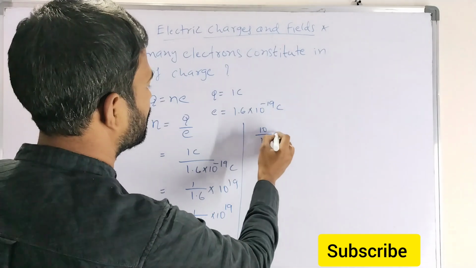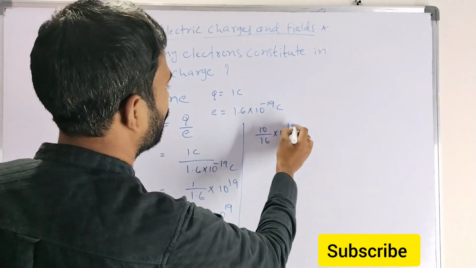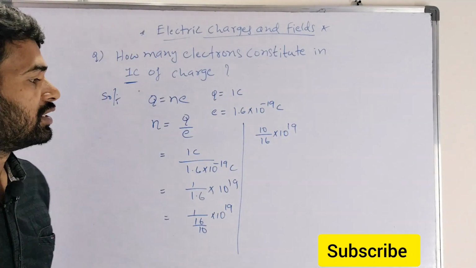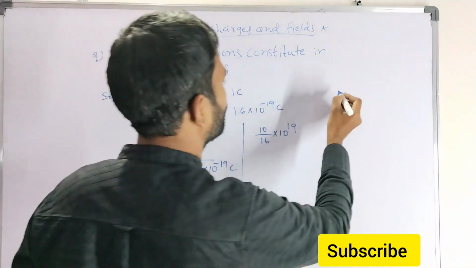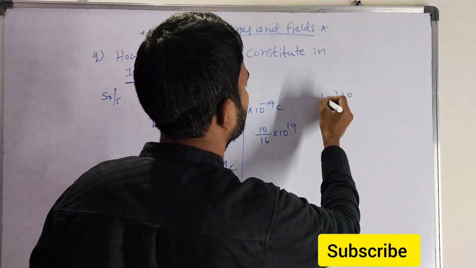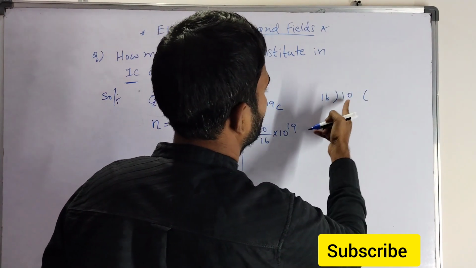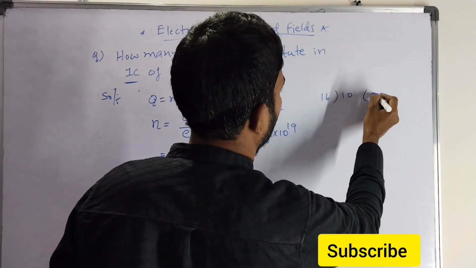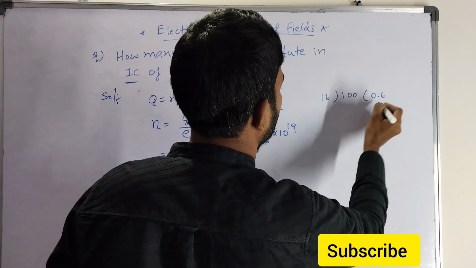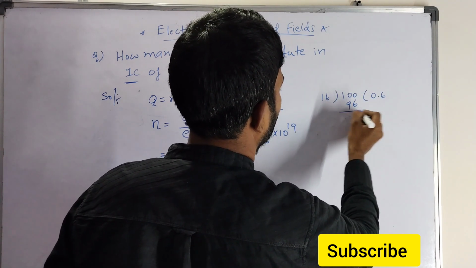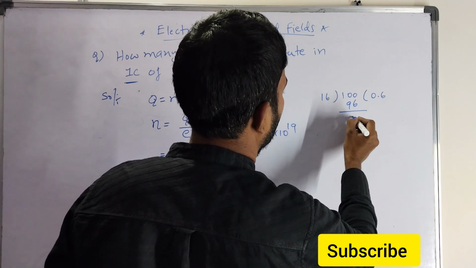Now 10 should be divided by 16, we will do it here. This is a small number, so we take 100. 16 6s are 96, 100 minus 96 is 4.